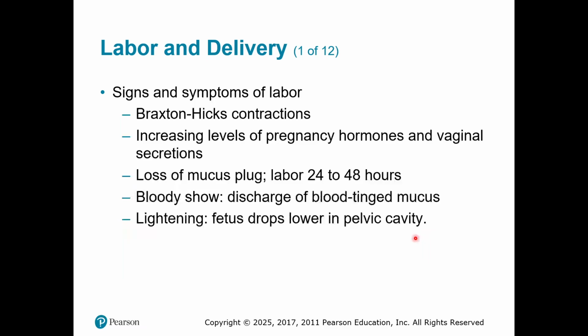Signs and symptoms of labor: Braxton Hicks contractions, increased levels of pregnancy hormones and vaginal secretions, loss of the mucus plug 24 to 48 hours before labor, bloody show, which is discharge of blood-tinged mucus, and lightening, which means the fetus drops lower in the pelvic cavity.